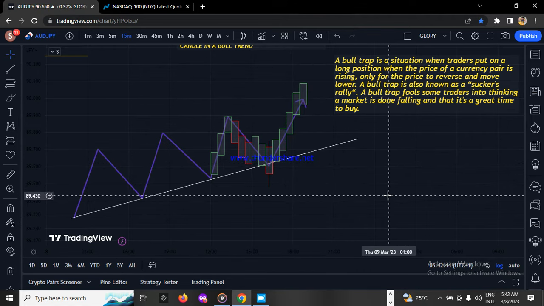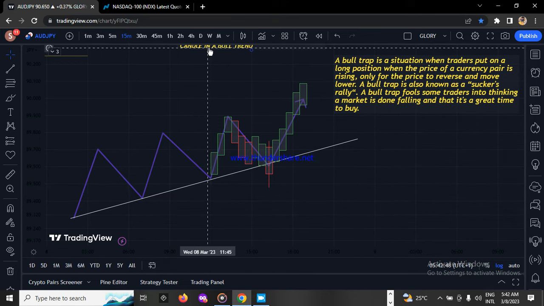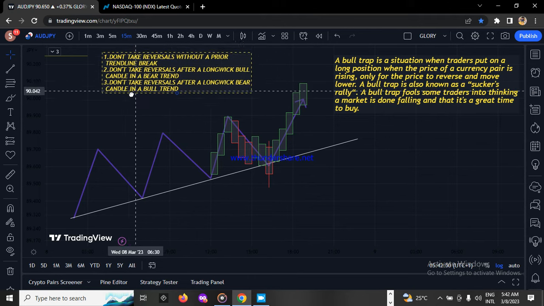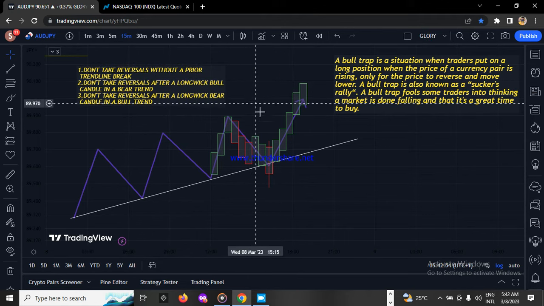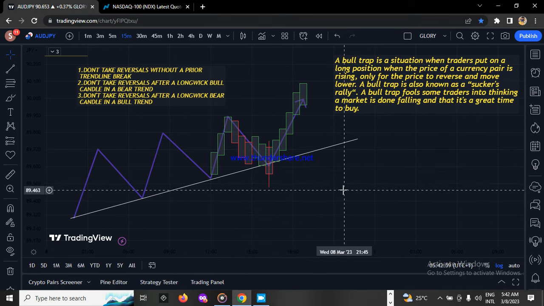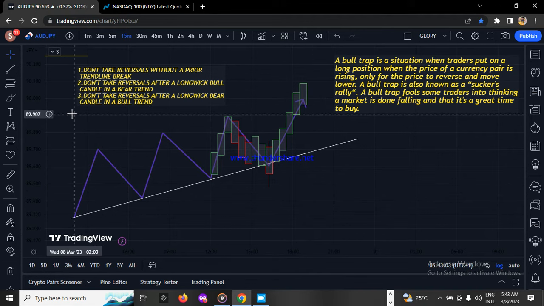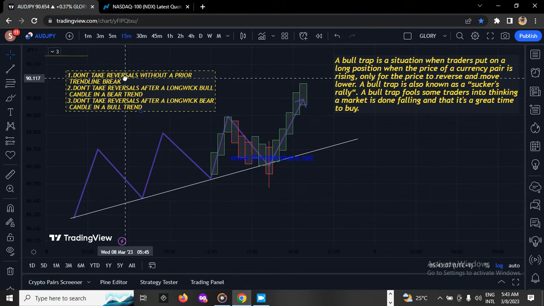So I will take you step by step on how to avoid these traps. In order for you to avoid being trapped, these simple 3 guidelines can help you.